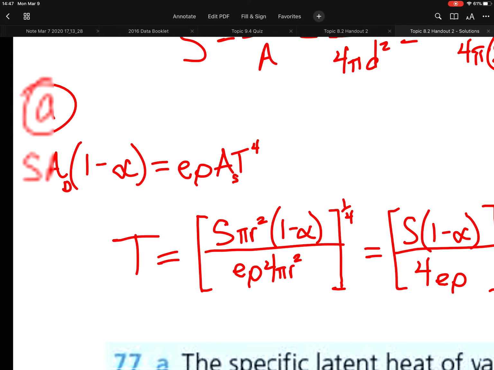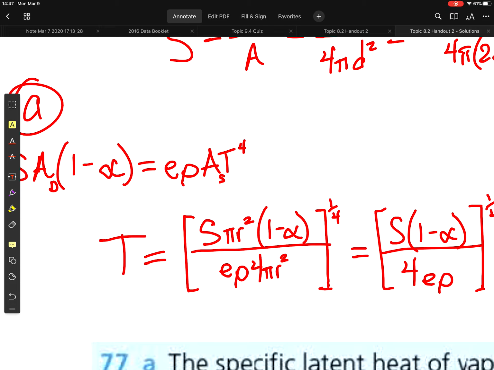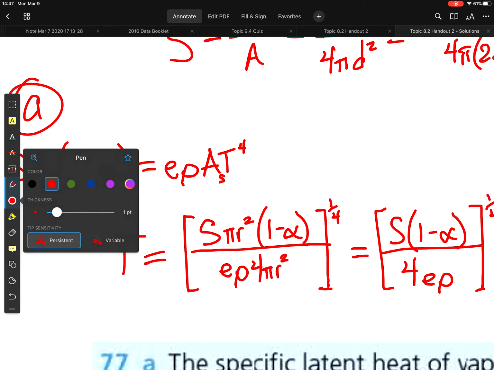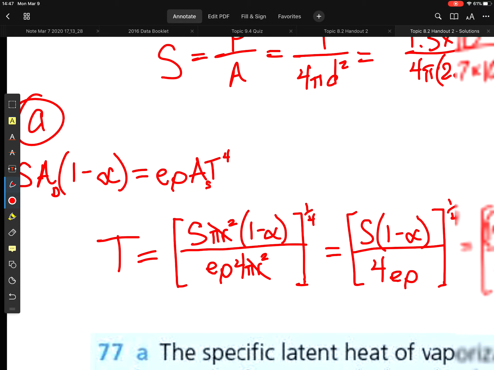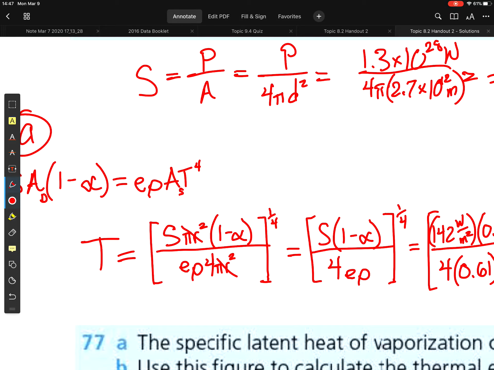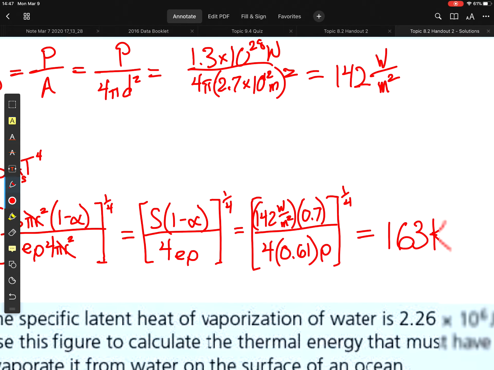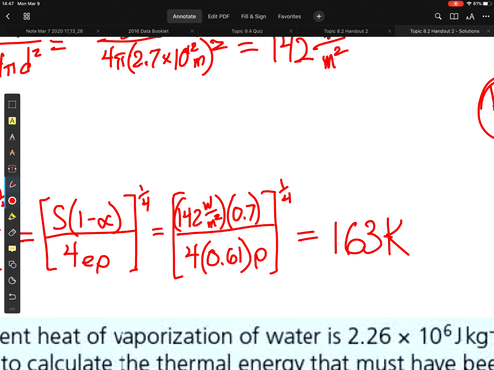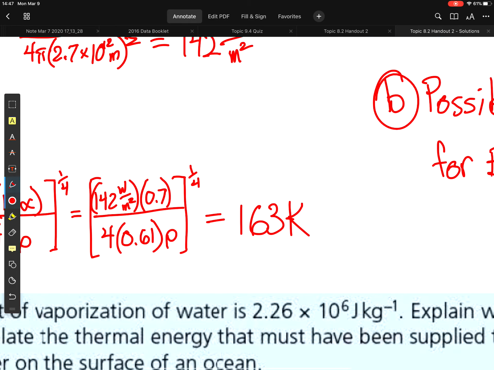Okay, so I solved my equation for temperature, and again, you can see here that the areas for the disk are going to cancel out, although that 4 will remain there from the sphere. Okay, so we then get this simplified equation, and now it's a simple matter of plugging in our numbers, and we find that our new planet has a temperature of about 163 Kelvin.